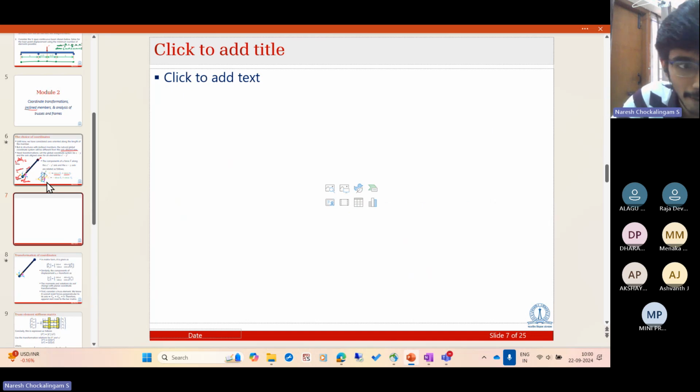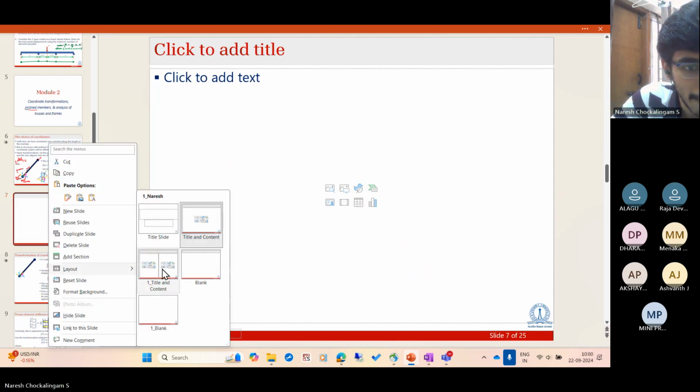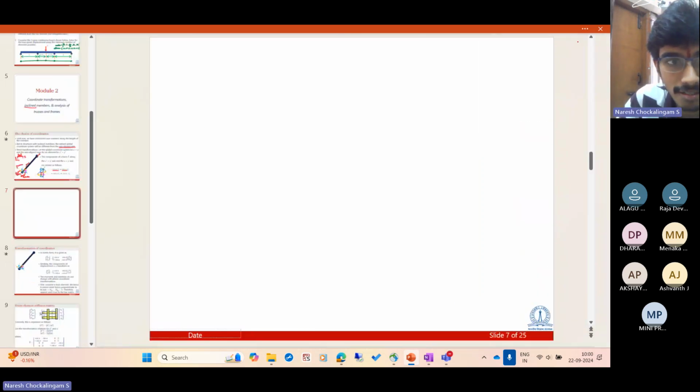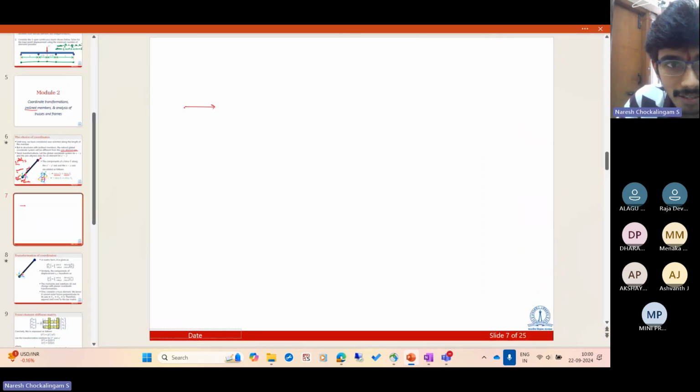So you have two sets of coordinates. This is fx, this is fy, the components of the force in one coordinate system. And this is fx dash, this is fy dash. Let's say this angle is alpha and project these onto this.